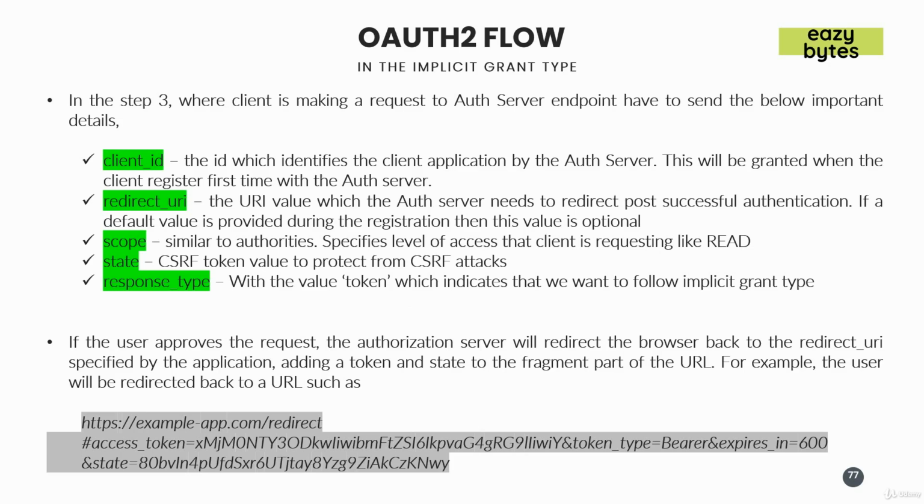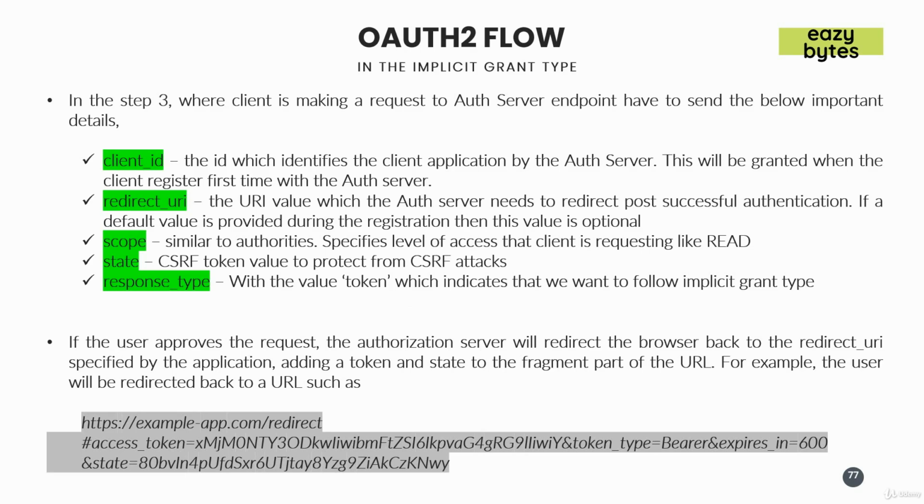Due to that, if someone wants to leverage OAuth2, they can still use the implicit grant type, but at the same time, the auth server they are going to communicate with has to allow it. Otherwise, they can't use it. But there are some applications with only JavaScript and HTML UI code that use the implicit grant type so that they can still follow the OAuth2 framework.